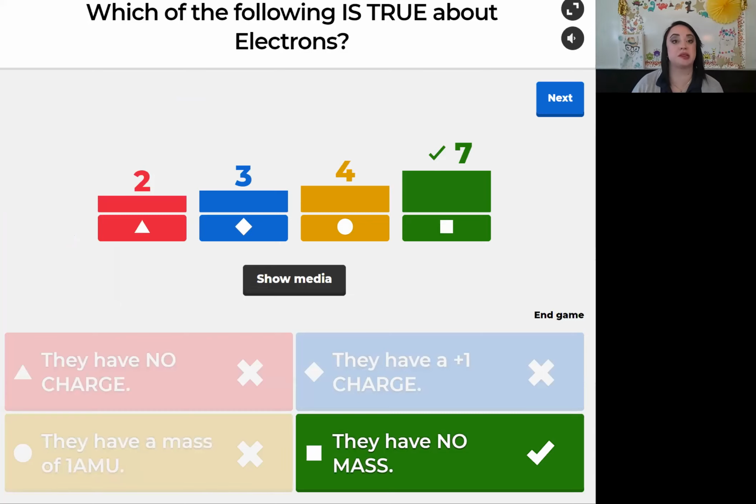So good, electrons, remember their mass is so small that we don't really count it, so we just say they have no mass. They have a charge of -1.